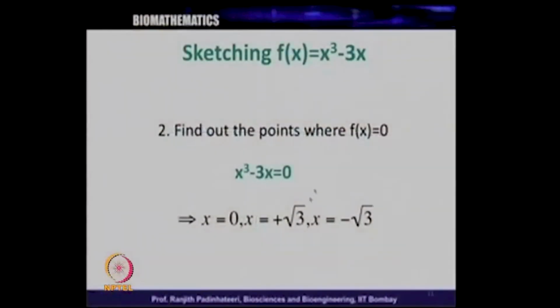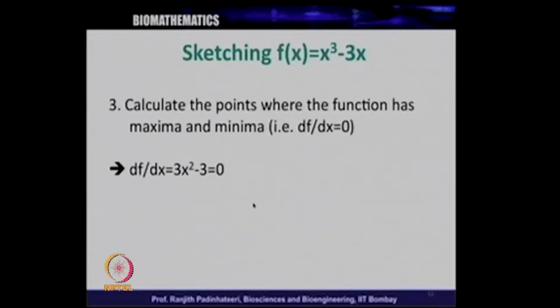So, these are the 3 points where the function is 0, and the next thing in the recipe is to calculate the points where the function has maxima and minima. How do we find that?